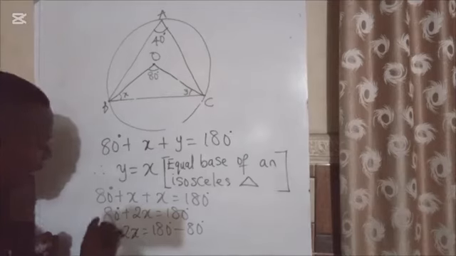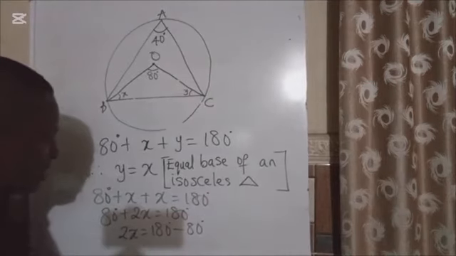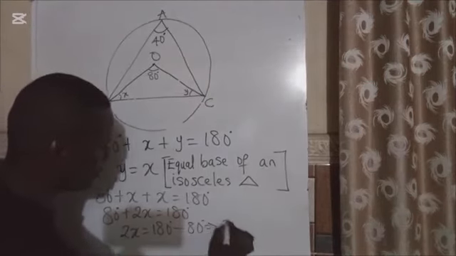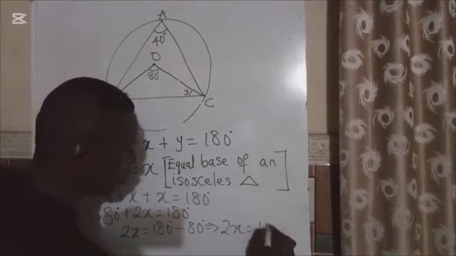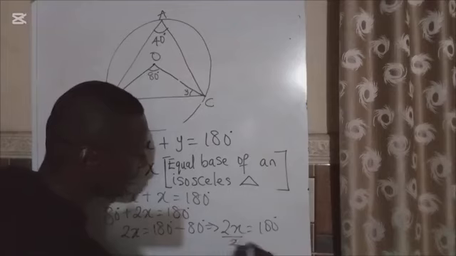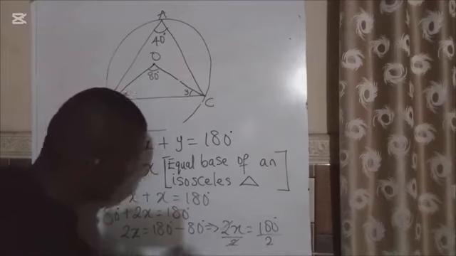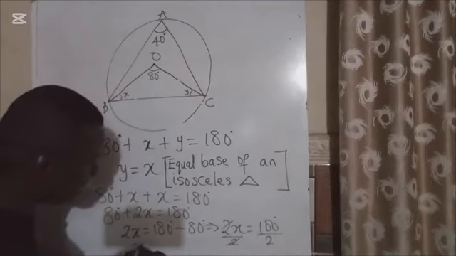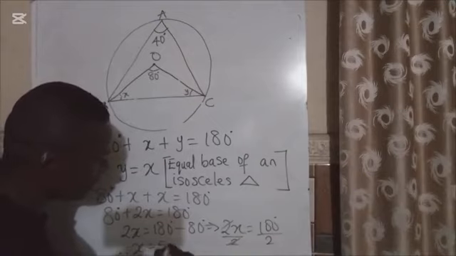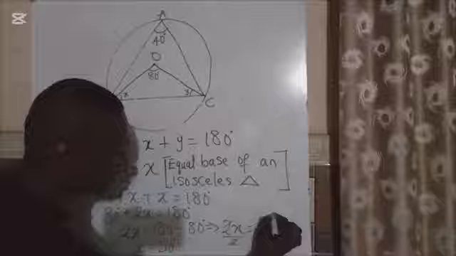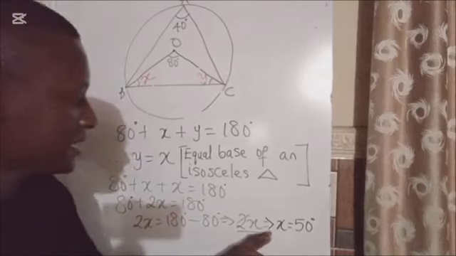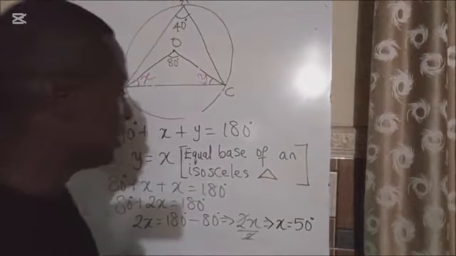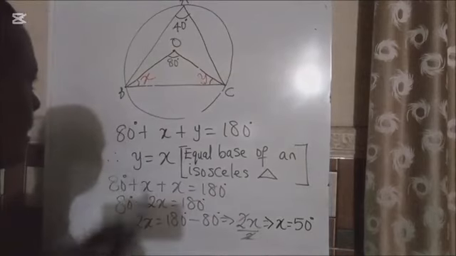Whenever you don't see a sign, it means the sign is positive. So when you do this, you're going to get 2x is equal to 100 degree. Divide both sides by 2. Therefore our x is equal to 50 degree.